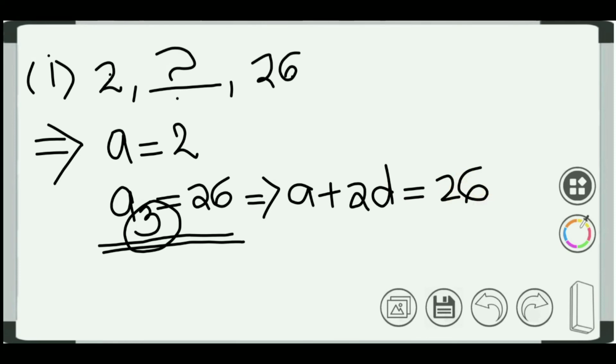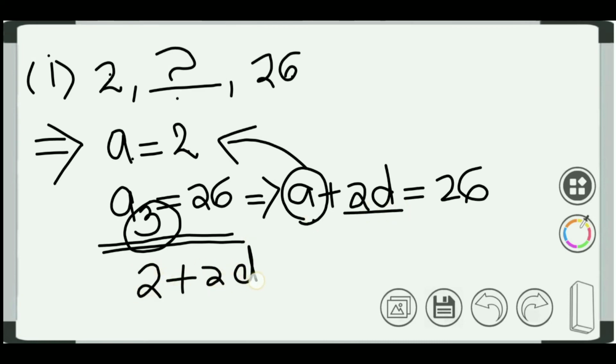Now, you know what a is. Here, a is equal to 2. So I substitute 2 here: 2 plus 2d equal to 26. Now can I find the value of d?